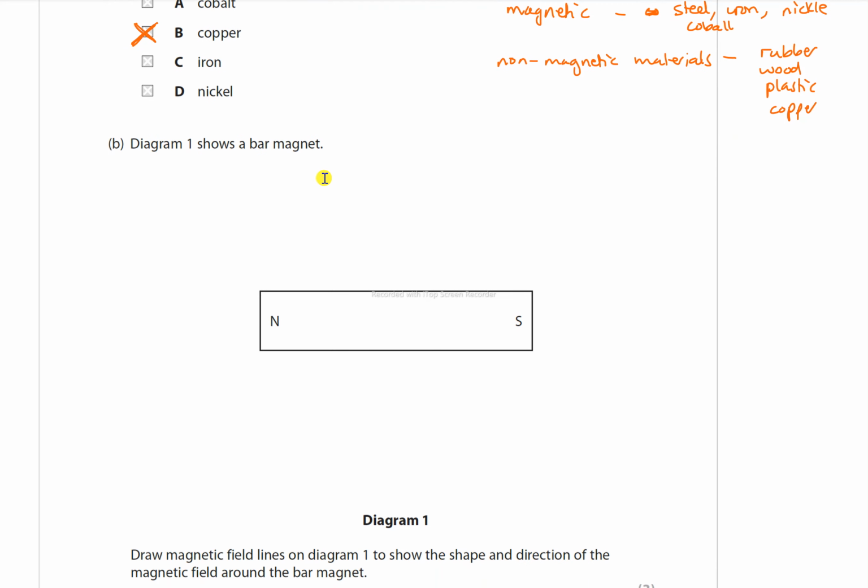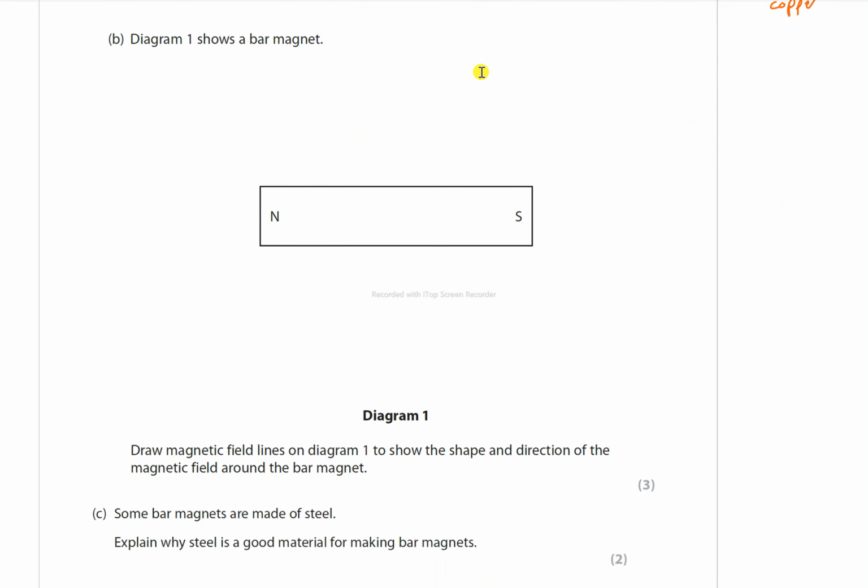Right. Diagram 1 shows a bar magnet. Draw magnetic field lines on it. Just remember, magnetic field lines always travel from north to south, so you put an arrowhead there.